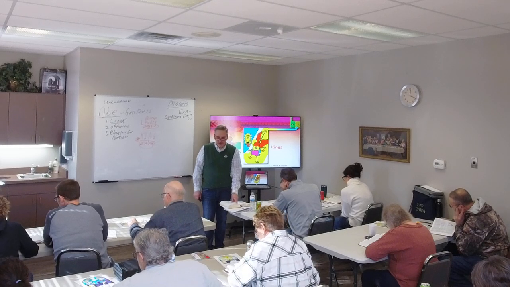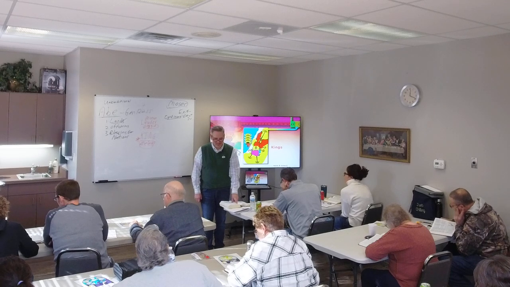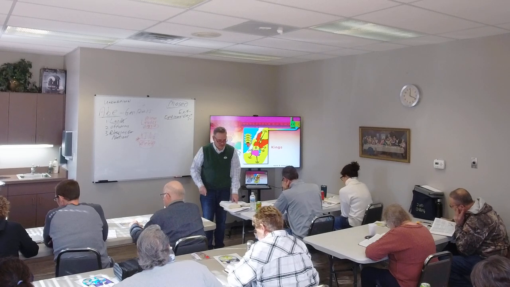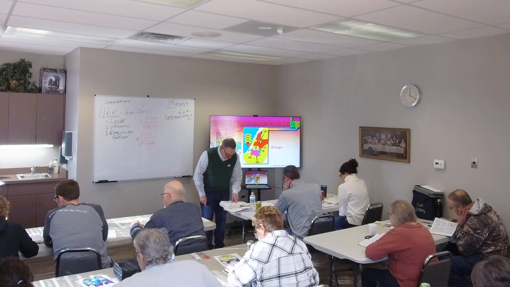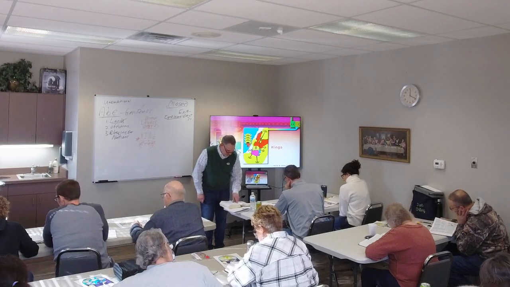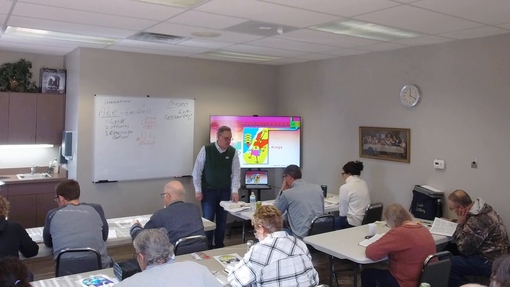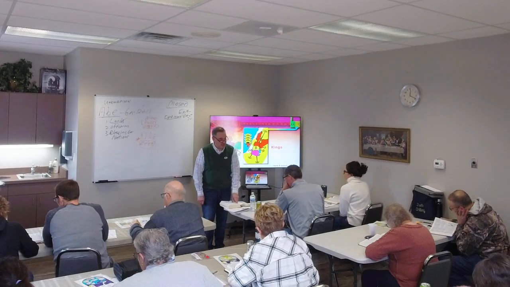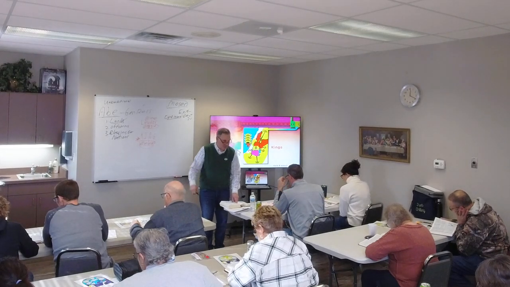And now notice what the writer says, the city of David. Keep that in your mind. Jerusalem is the city of David, according to this book. Why do they say the fortress of Zion? This is just another word for it. It's a fortified city, and Zion was the name of it, on the top of the hill.